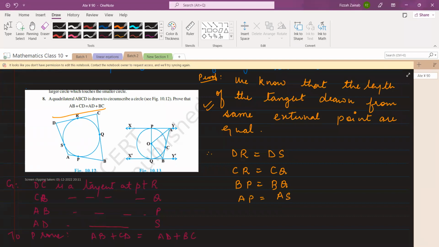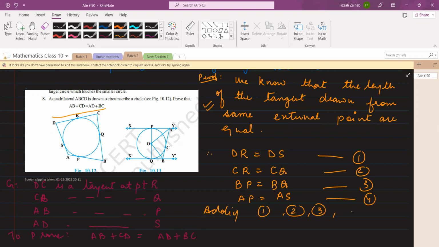Is that clear? You can give them names 1, 2, 3, and 4. So ultimately, I have to add all of them. So adding 1, 2, 3, 4.